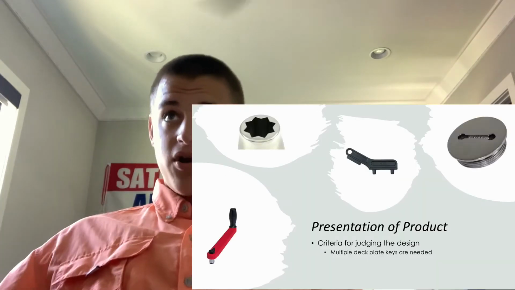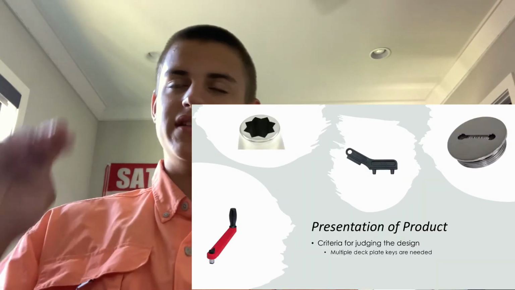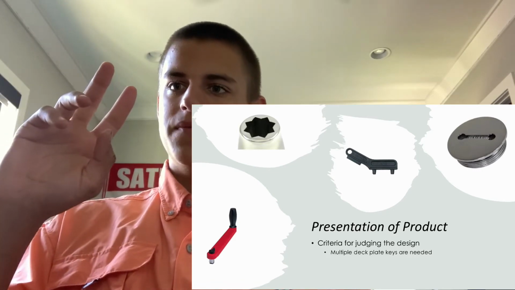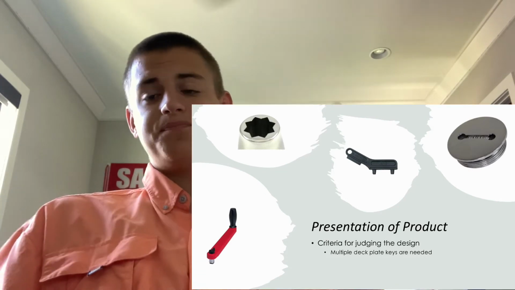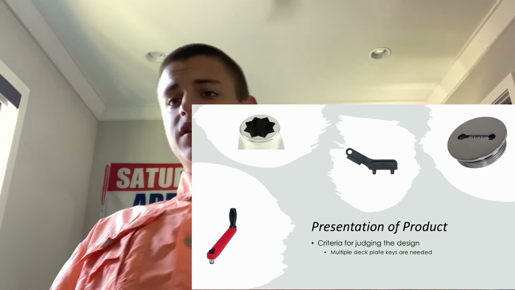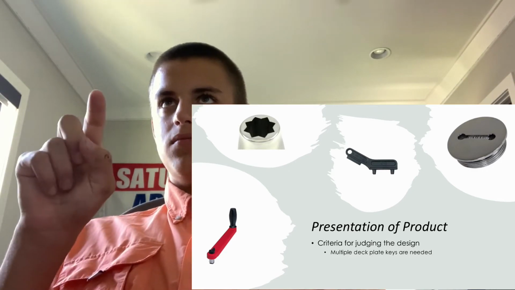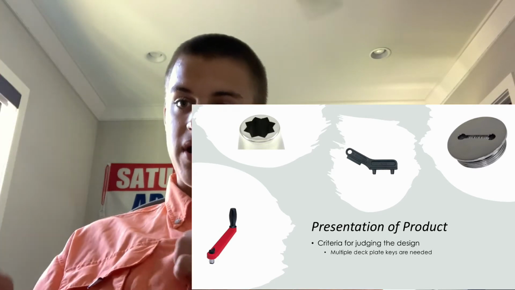The presentation of my product. The criteria for me judging my design is it needed both of the tools that are seen on the screen here. You can see the red one down in the bottom left, and that one goes to the top left deck cap, and then the black one in the middle goes to the one in the top right.